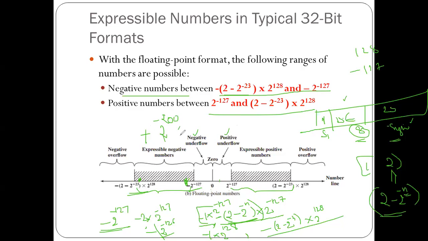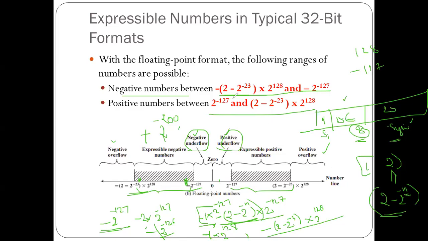You cannot represent such a small value, so we call it positive underflow. Similarly, we have negative underflow, and positive overflow: beyond this, if you want to represent, you cannot. The same for negative overflow. And these are the values that we can represent.